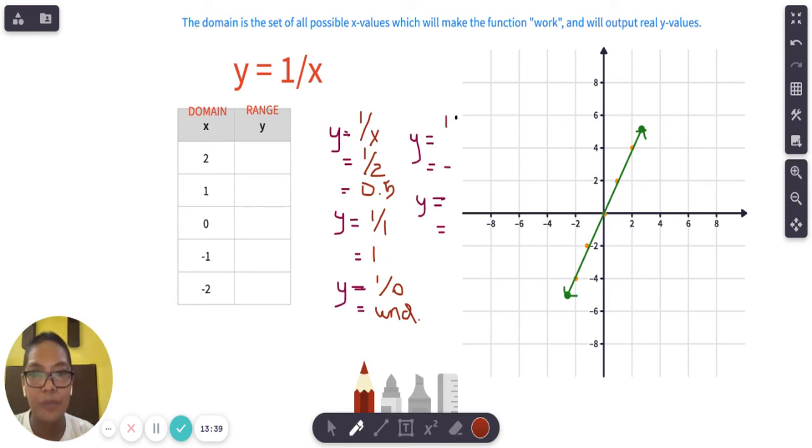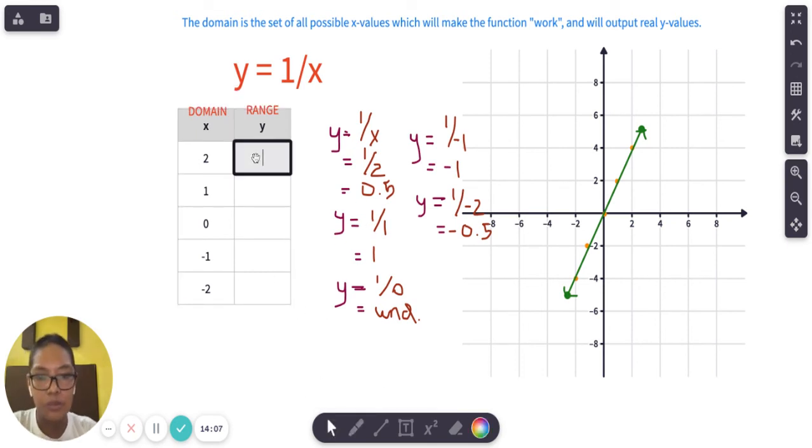So, y? 1 over negative 1. So, any number, unlike sign, so negative. So, negative 1 is our answer. So, 1 over negative 2. So, unlike sign, negative. So, that is negative 0.5. Okay? So, let's plot it. So, sulat ko muna bala bago ko i-plot.